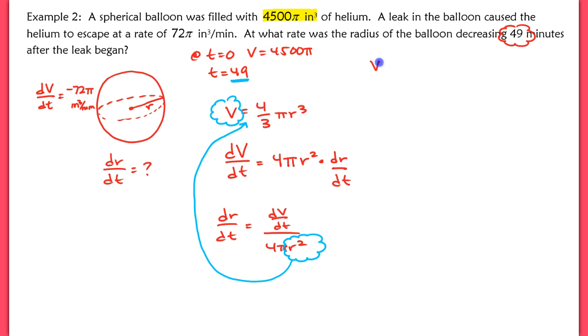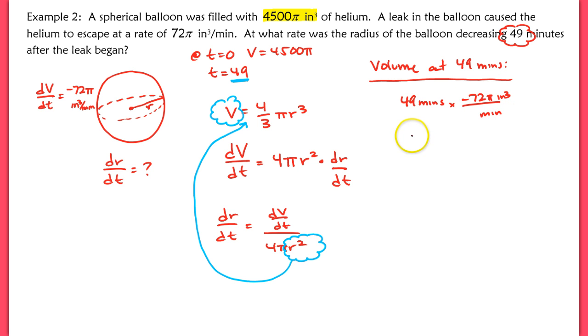In order to find this volume, which will then lead to the radius at that specific time frame, we're going to have to do a little bit of work. For the volume at 49 minutes, we first have to figure out how much has leaked at that point. For 49 minutes straight, the sphere is leaking at a constant rate of 72 pi cubic inches per minute.